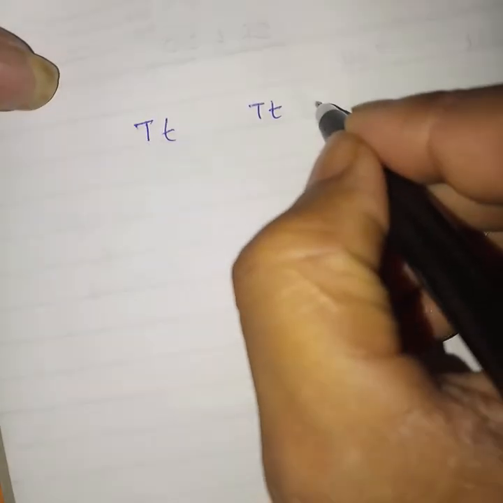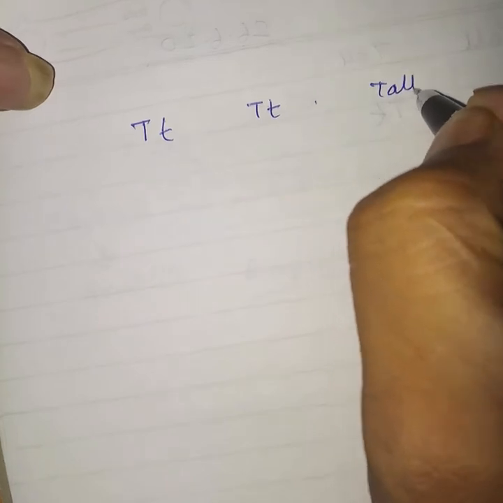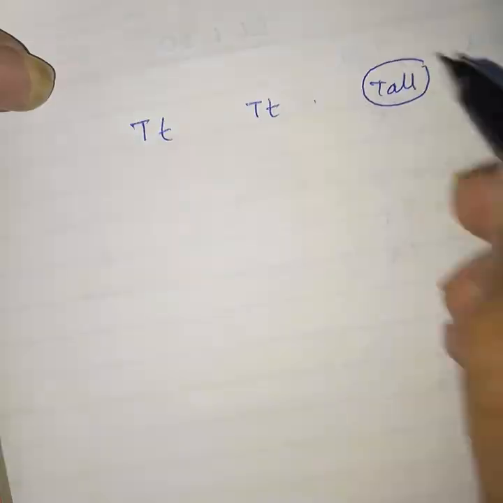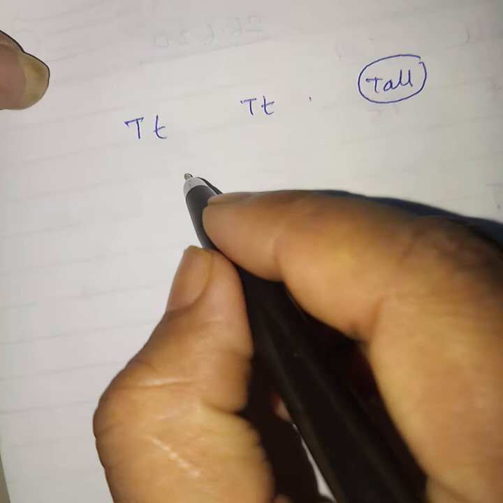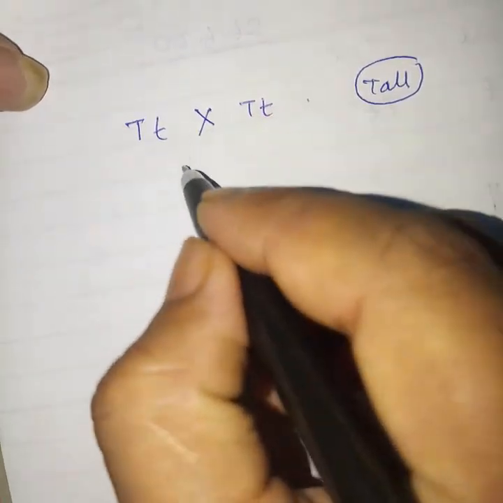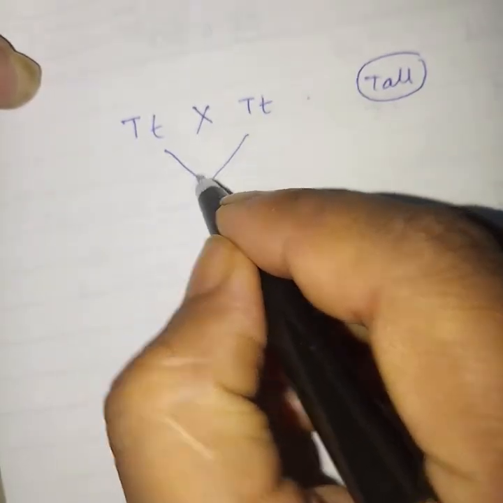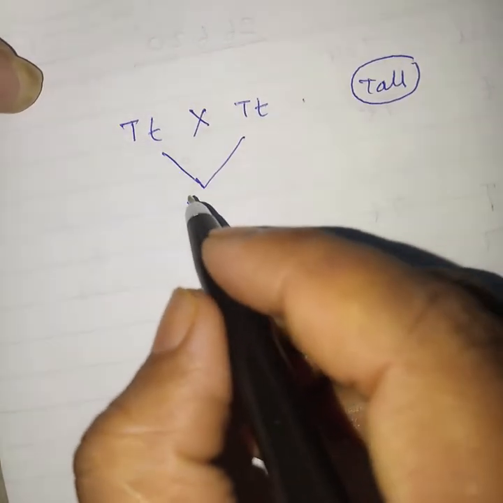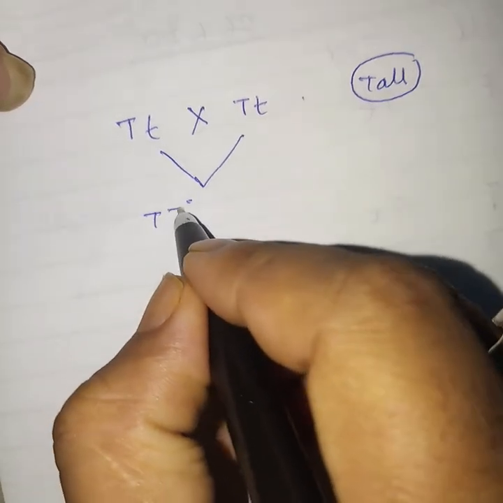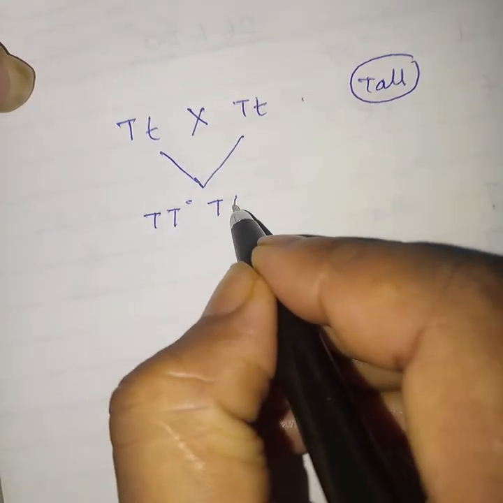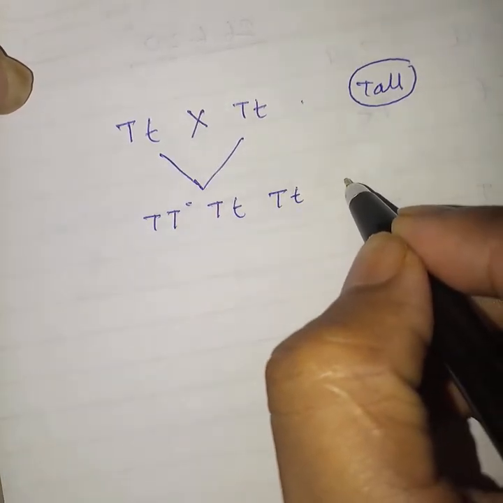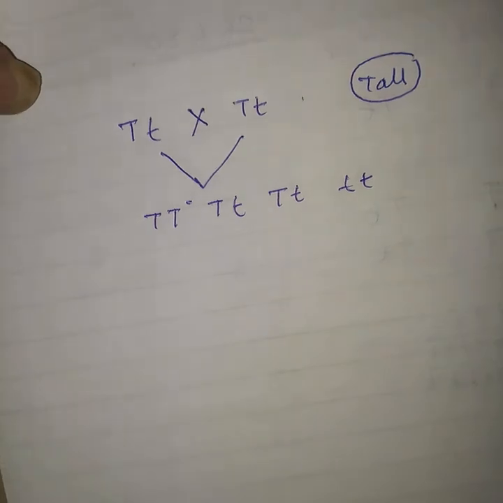Both the parents are tall in phenotype, meaning both the plants are tall in height. If these two varieties cross each other, the first generation will be capital T capital T, capital T small t, capital T small t, and small t small t.